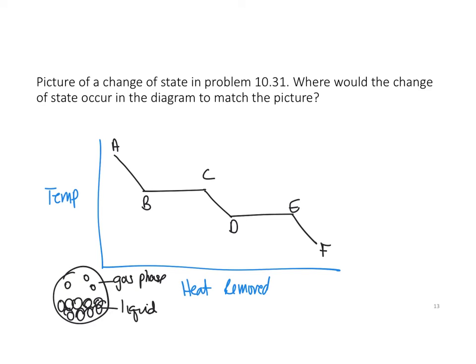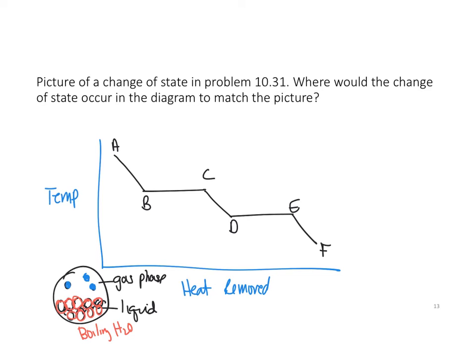Some of these little molecules here have gotten enough energy, they overcame these intermolecular forces that are holding these molecules together. They got enough heat. This is like boiling water. So where would this change of state occur in the cooling curve?